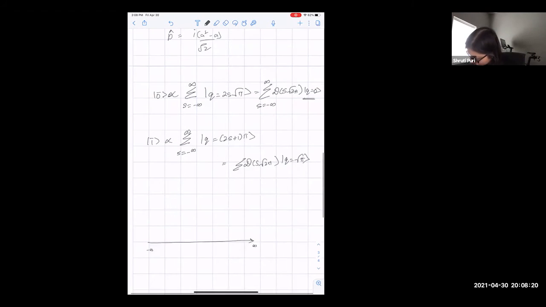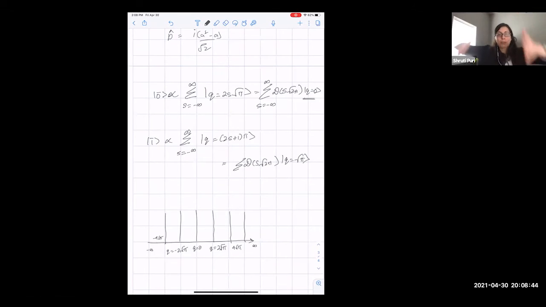So you see that it'll have a support on Q equal to 0, and it will have a support on Q equal to 2 square root of pi. It will have a support on Q equal to minus 2 square root of pi, 4 square root of pi, and so on. Similarly, minus 4 square root of pi, and so on.